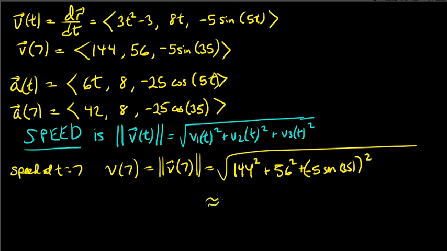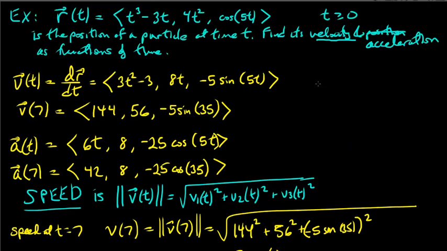Using my calculator, I get approximately 8,064. It looks like it's the square root of 65 million something. So about 8,064.000, so we'll round to the nearest whole number, 8,064.